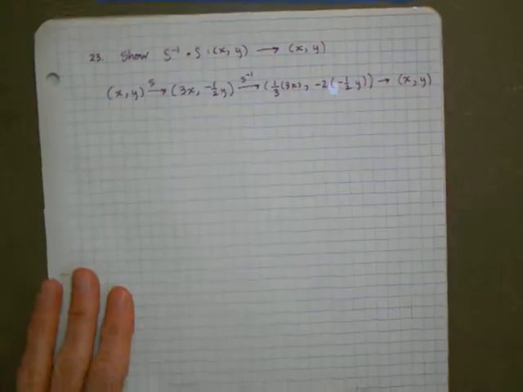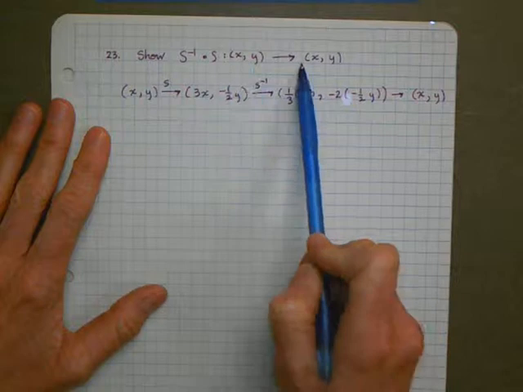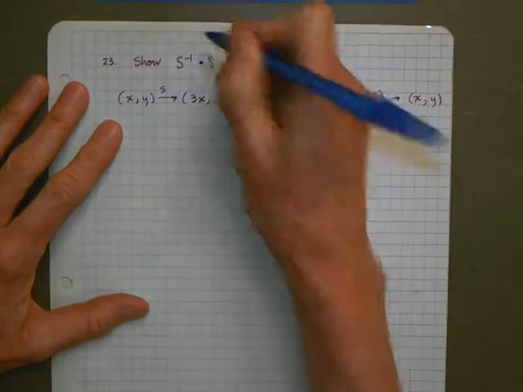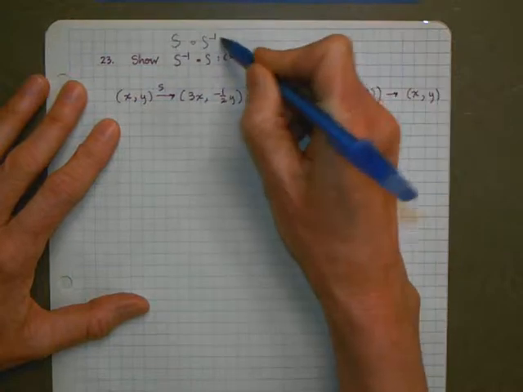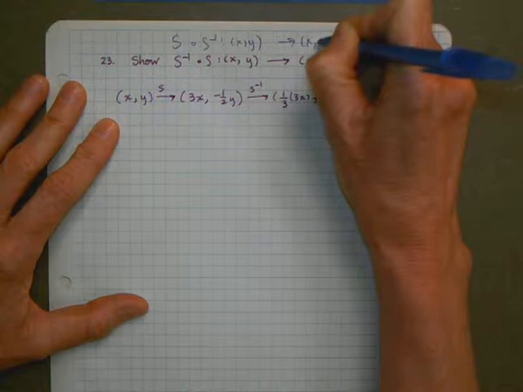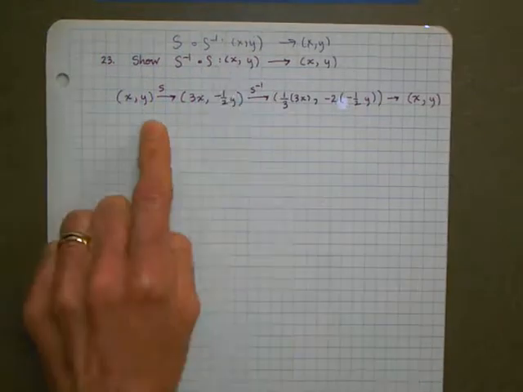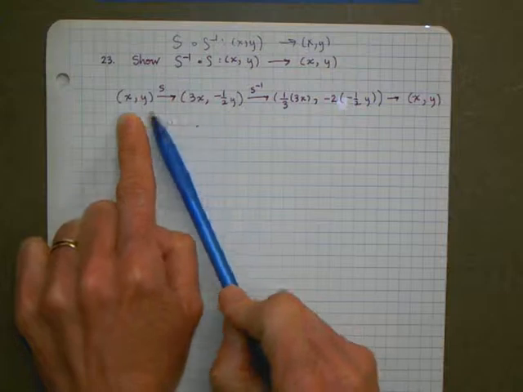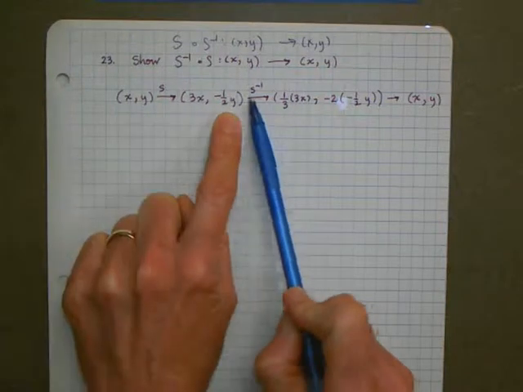Then I just have to go the other direction too on this one. I have to show that S inverse composed with S takes (x, y) to (x, y). Before, I showed that S composed with S inverse took (x, y) to (x, y). Now I have to show the other way. You'll be doing this in Algebra 2 and in Pre-Calc, so what the heck, I'll explain it to you now. Here, S takes (x, y) to (3x, minus a half y), and then I'm going to take S inverse.